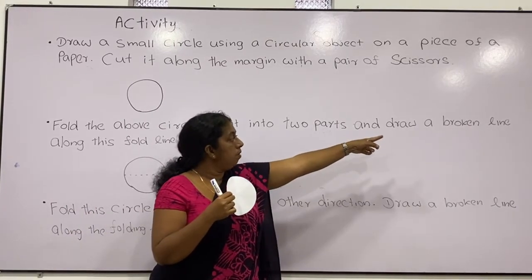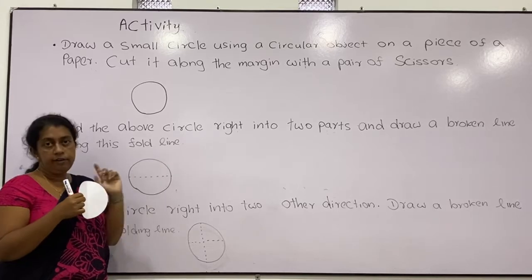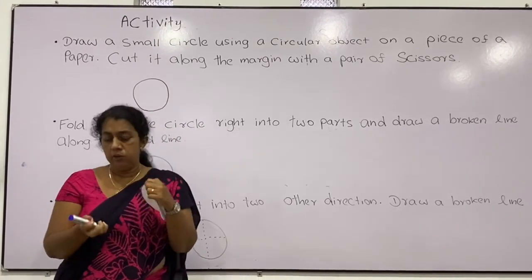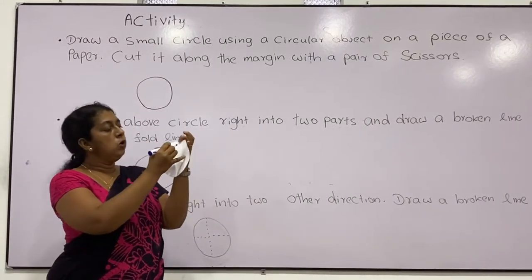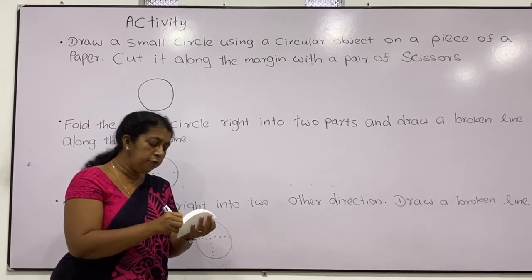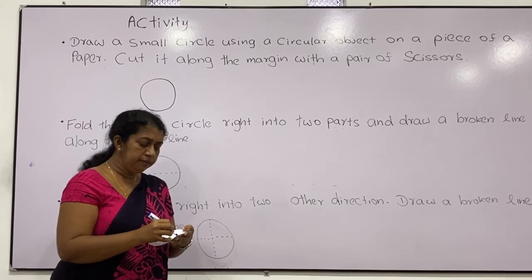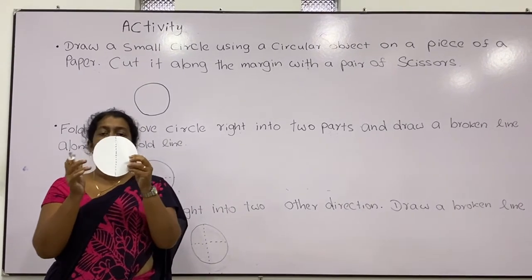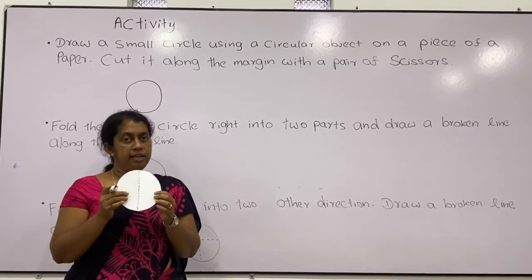Then draw a broken line along this fold line. Now you can use your pen and your ruler, and after that you can draw the broken line along this folding line, like this.